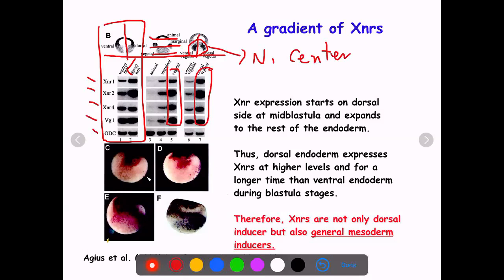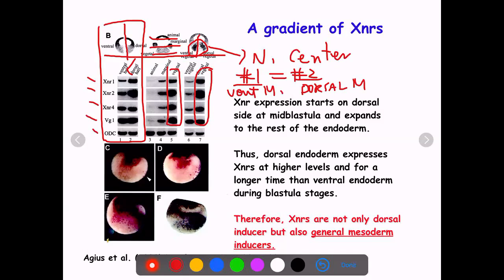So from that, maybe number 1 signal is the same as number 2 signal, isn't it? But then how are the number 1 and number 2 signals different? Number 1 signal is ventral mesoderm induction, right? And then number 2 is the dorsal mesoderm induction, right?